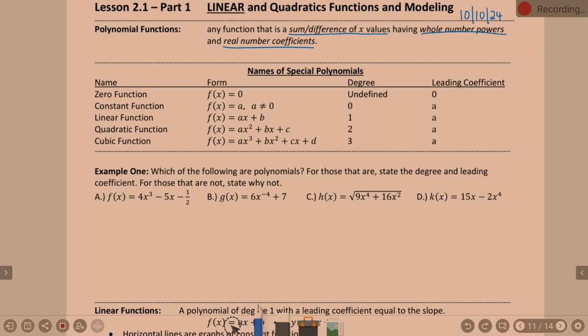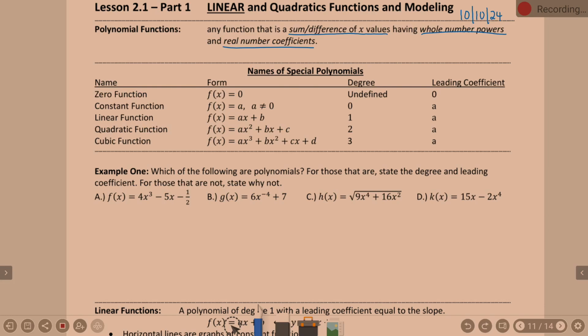Just basically it's numbers added and subtracted together. It's not going to be a polynomial if you have, like, a big old fraction or something. If you have 2x minus 3 divided by x plus 1, that's no longer a polynomial because you've got a big old division there. Okay, just terms added and subtracted together, basically.